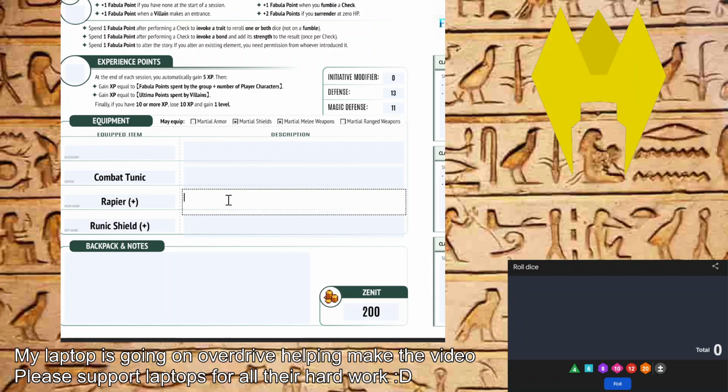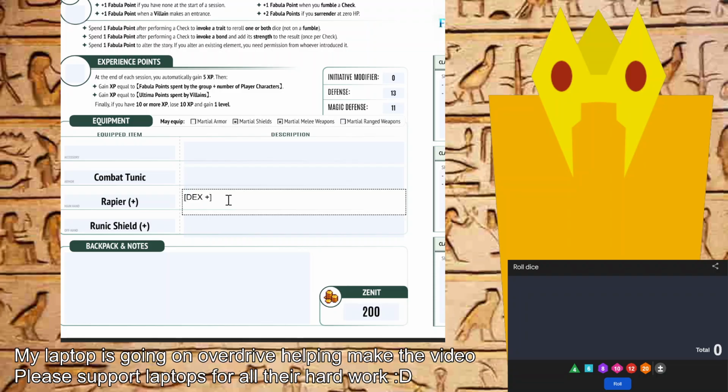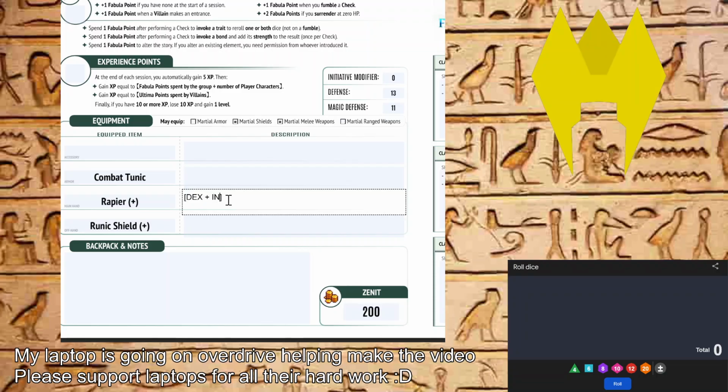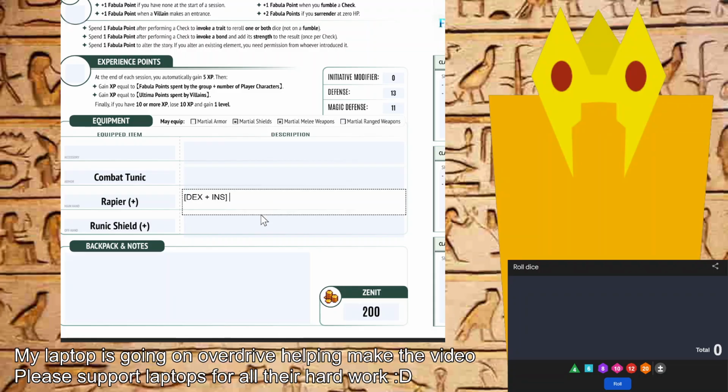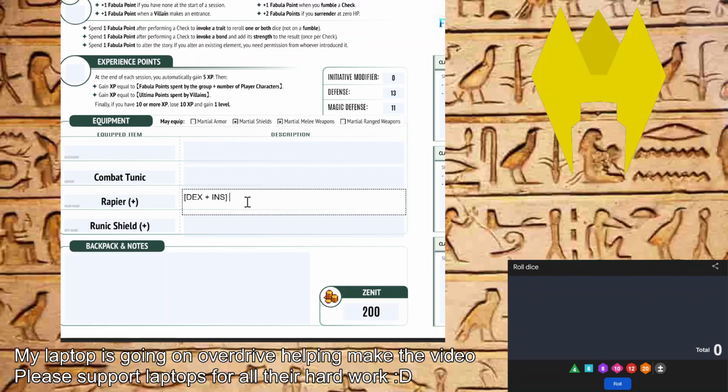As for the damage property, for our accuracy check, it is Dex plus Insight. Normally it would be a +1 because it is a rapier.